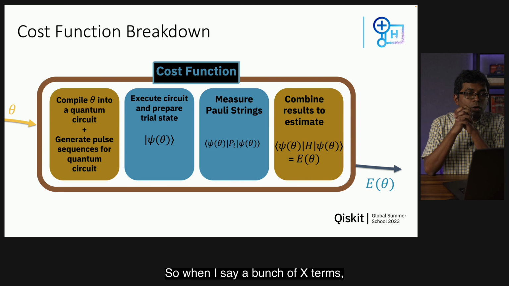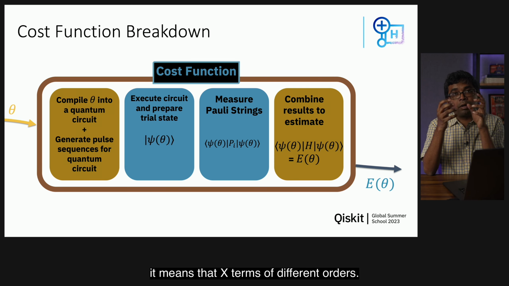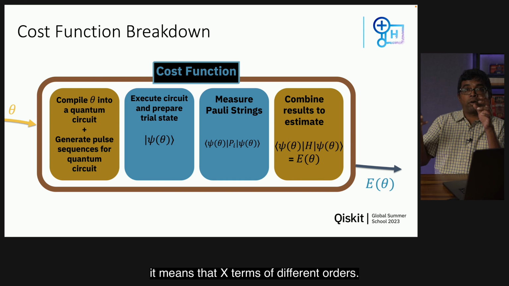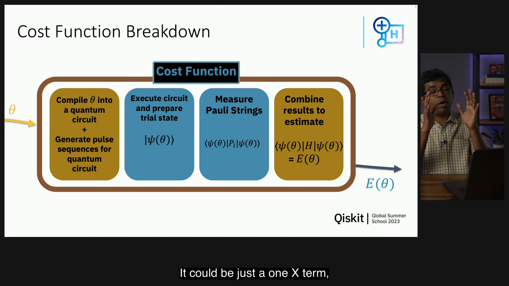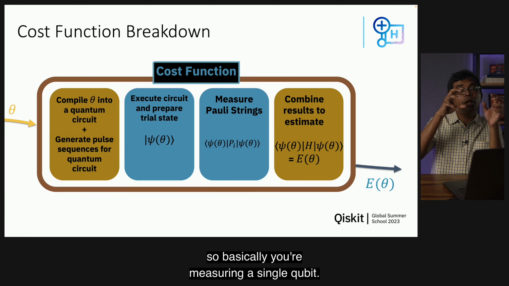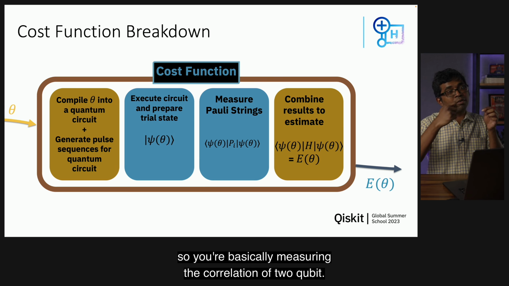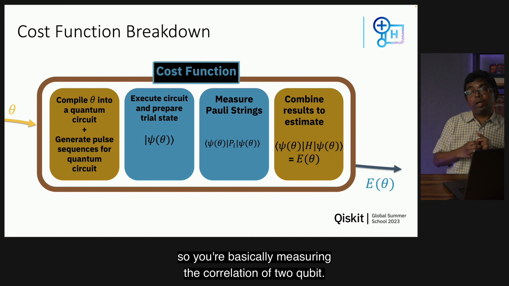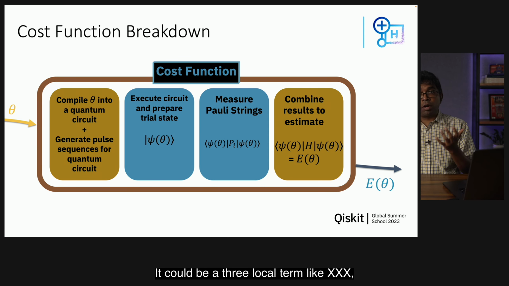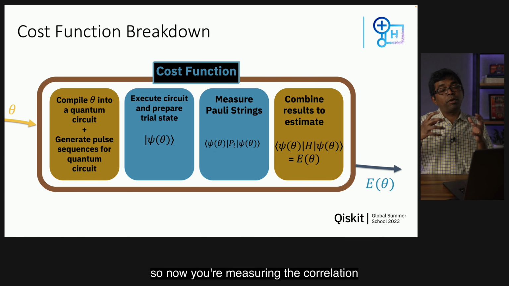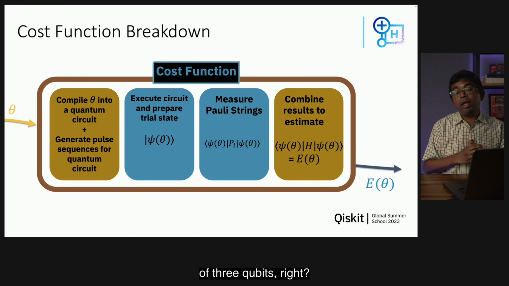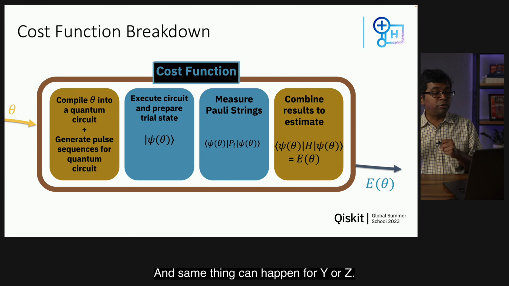When I say a bunch of x terms, it means x terms of different orders. It could be just one x term, so you are measuring a single qubit. It could be an xx term, so you are measuring the correlation of two qubits. It could be a three-local term like xxx, so now you're measuring the correlation of three qubits, right? And the same thing can happen for y or z.